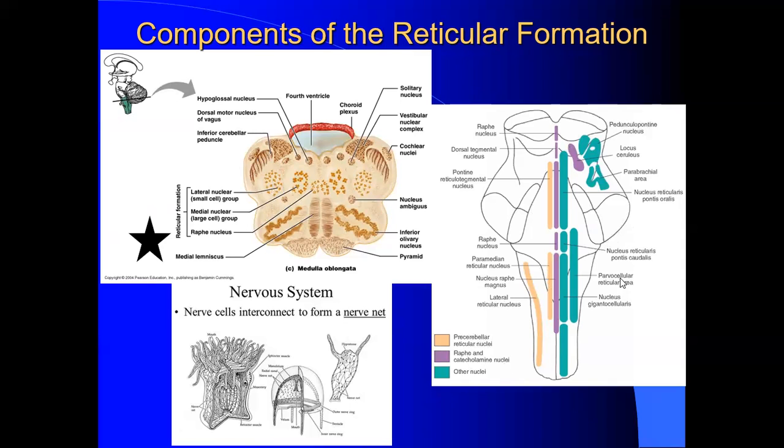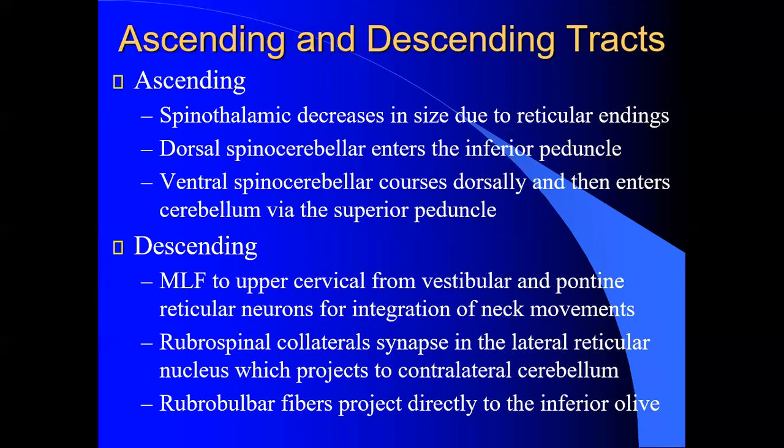And then here's nucleus reticularis. Here are the raphe nuclei I'm looking for. Here's the small cell group of the reticular formation. And then here's gigantocellularis. That's what I was looking for here.